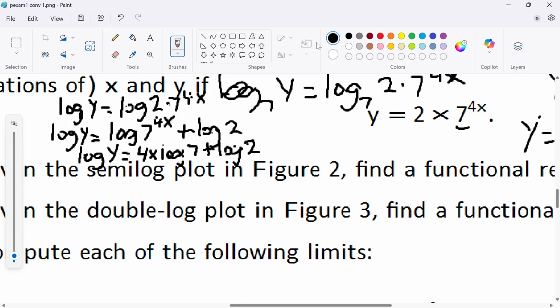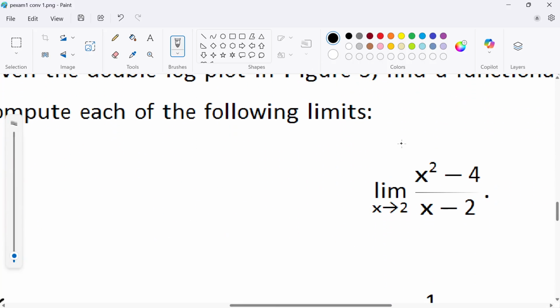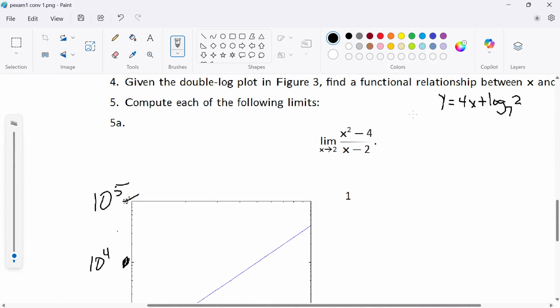And if I want to, I could put the x at the end, so I could say this is 4 times log base 10 of 7, times x, because I put the x at the end, that's why I put these parentheses, so it's clear x isn't inside the log, plus log of 2. So that would also be a correct answer. Log of y equals 4 log 7 times x plus log of 2. And then another valid answer was y equals 4x plus log base 7 of 2.